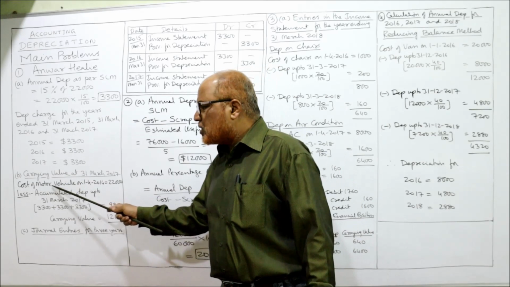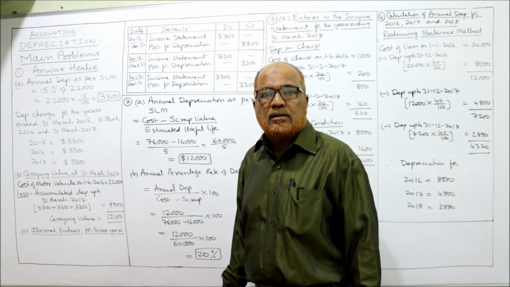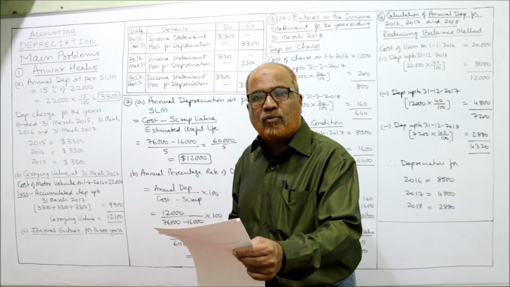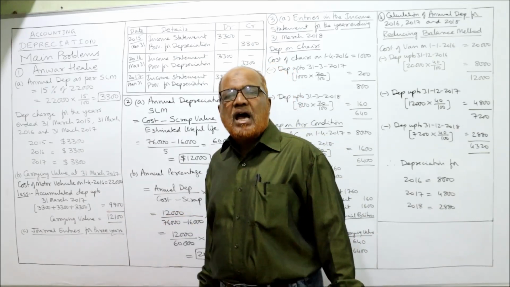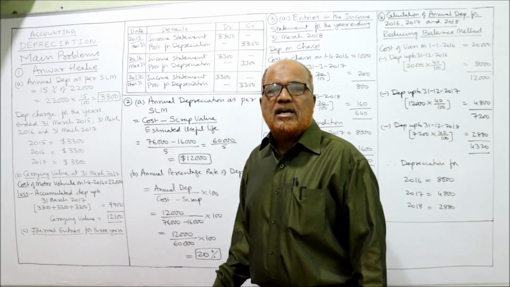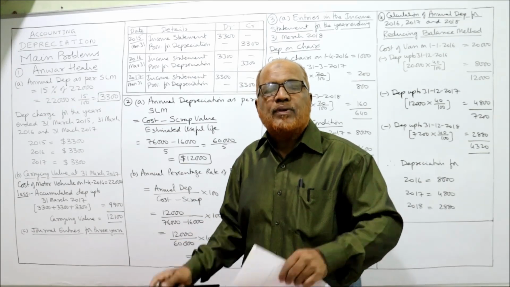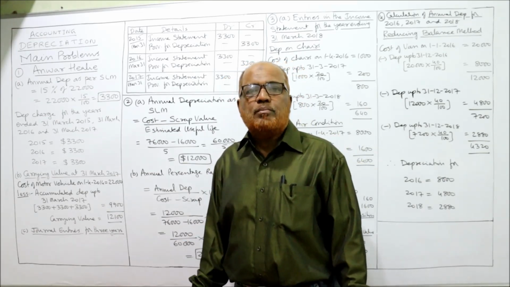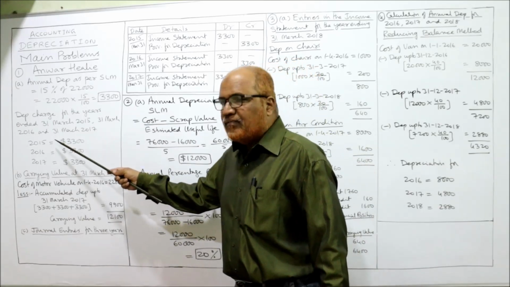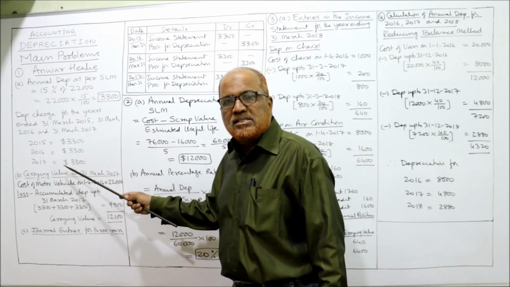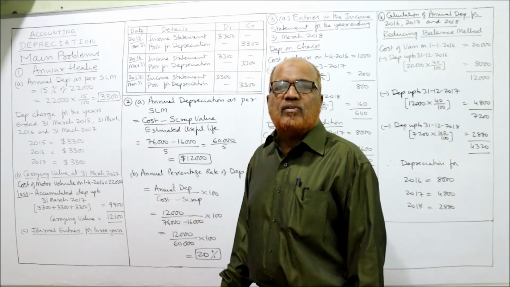First of all, what is the cost of the motor vehicle on 1st April 2014? So it was purchased in 2014, 22,000. From this we deduct accumulated depreciation or total depreciation up to the last date. What is the last date? 31st March 2017. So we have closed the accounts on 15, 16, 17. 3 years depreciation, total depreciation we require.